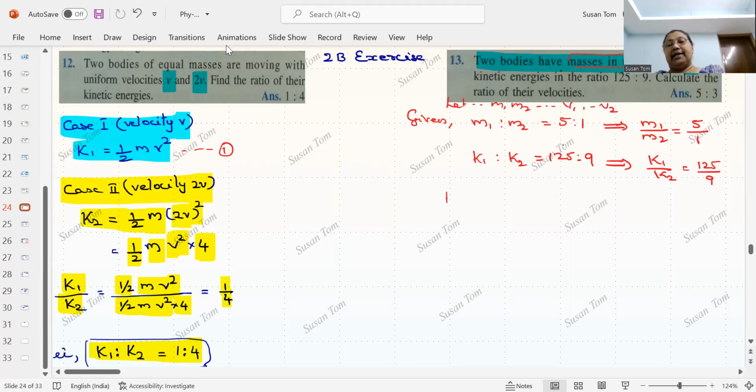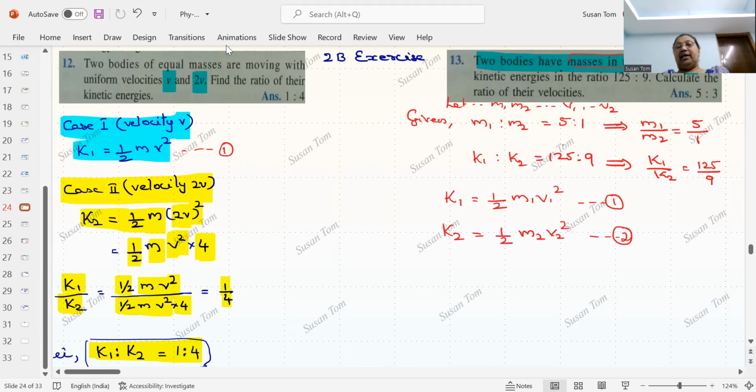So we know kinetic energy of the first body k1 is equal to, how do you write? Half m1 v1 square. Equation number 1. We also know kinetic energy of the second body is equal to half m2 into v2 square.